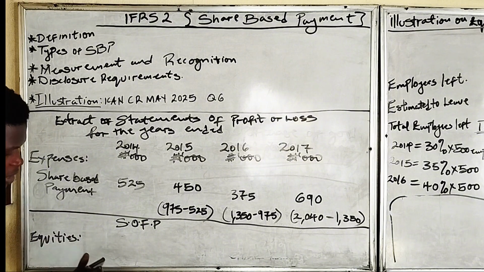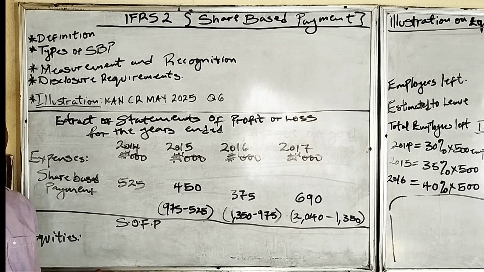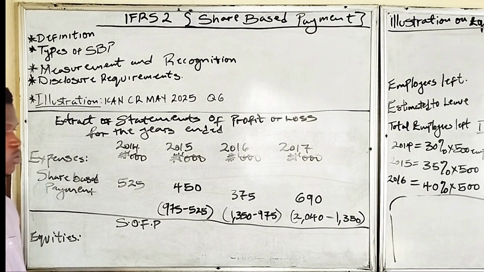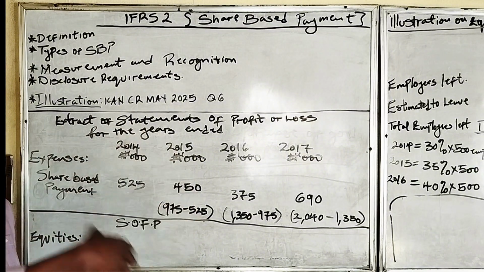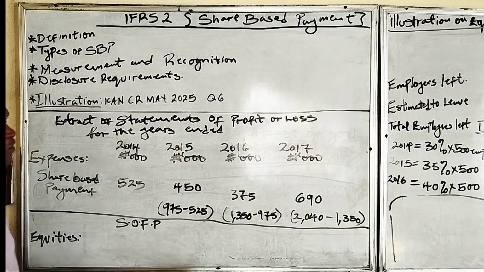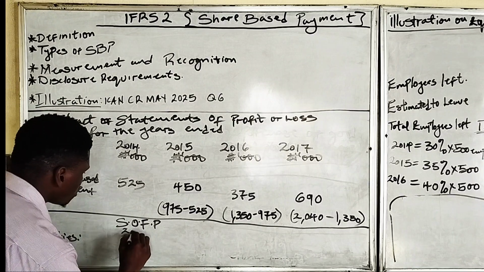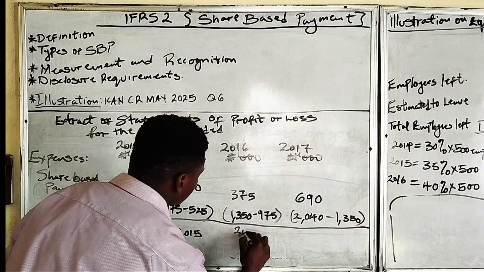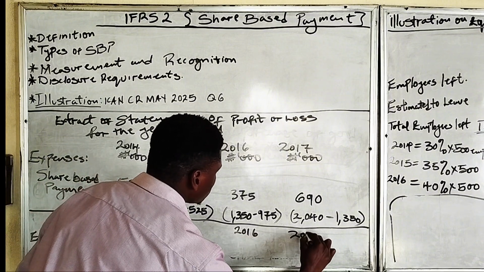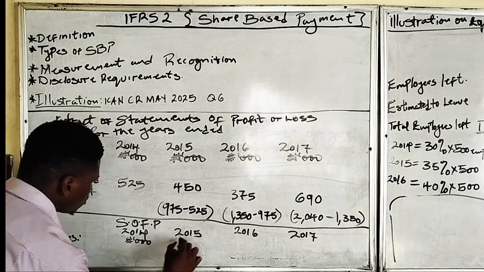Like we said, the statement of financial position is a carry forward balancing statement, so it includes the carrying forward of each year over the years. So we'll have the total amount just like we have calculated, in 2014, 2015, 2016, and 2017.